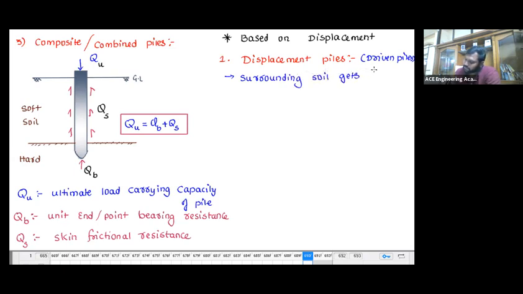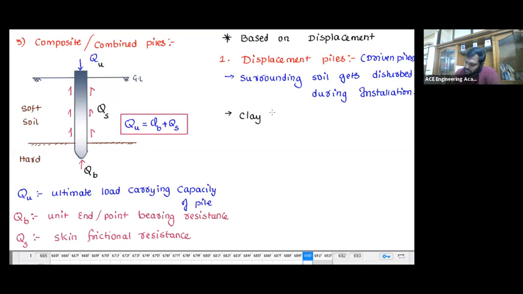The surrounding soil gets disturbed during installation, especially clay soils. What happens in clay soils is that they get remolded during installation.